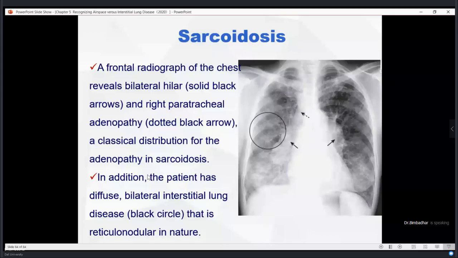The second person is a 35-year-old male who has been complaining of respiratory distress along with mild grade dyspnea for the last 3 months, and also episodes of intermittent fever. He has a history of hospitalization, and was given antibiotics, but now he comes to the hospital again with the same kind of complaints. So which patient has sarcoidosis and which does not?